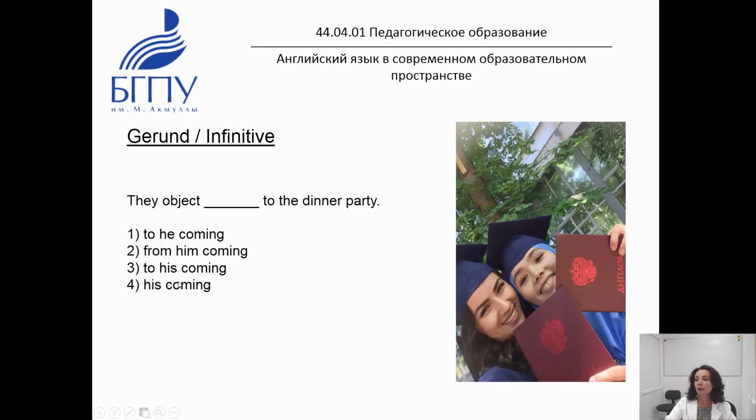Then, one more time, I want to draw your attention to the fact that if we use a gerund, like coming, in all the 4 suggested examples, the nominal part, which is expressed either by the pronoun or by the noun, should be in the possessive form, not like he, not like him, but like his. This is the possessive form of the personal pronoun.